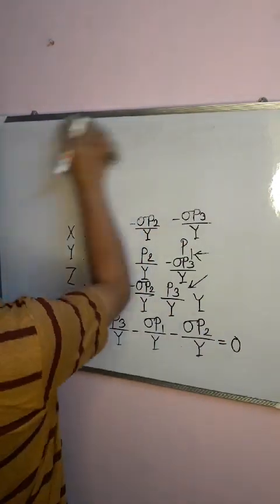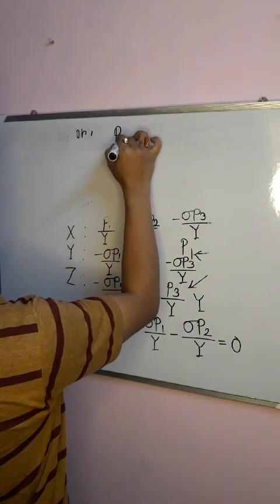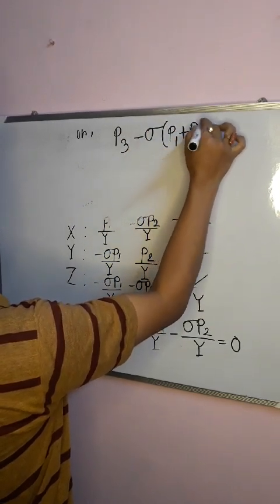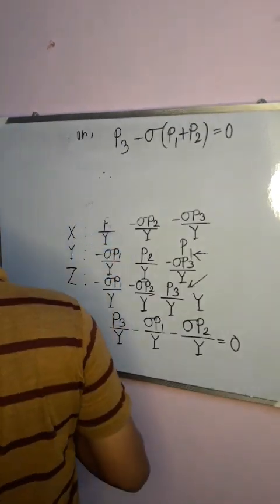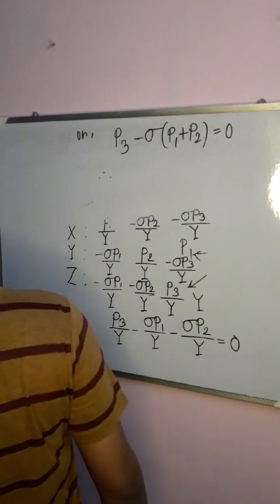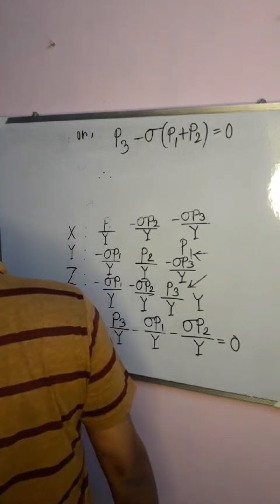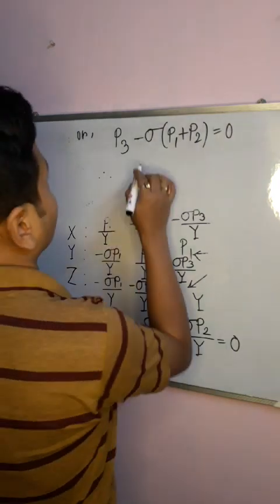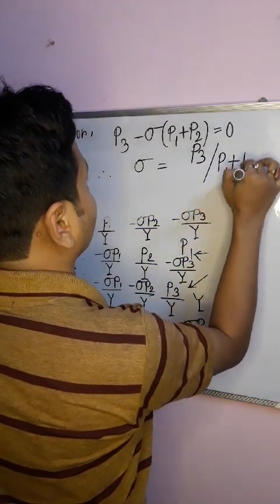So if we make this 0, we don't erase it because I require it later. So P3 minus sigma into P1 plus P2 equals 0, and from this condition we can write sigma equals P3 by P1 plus P2.